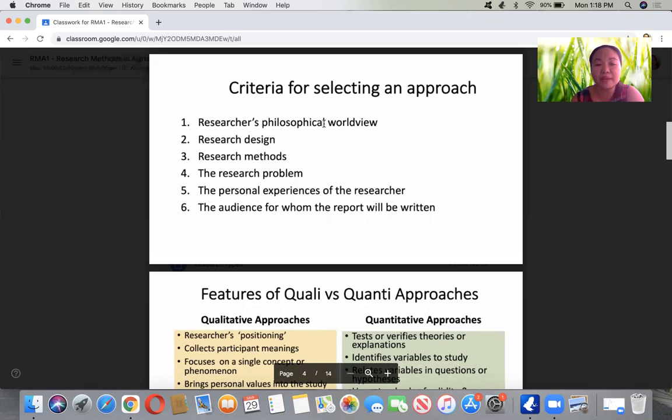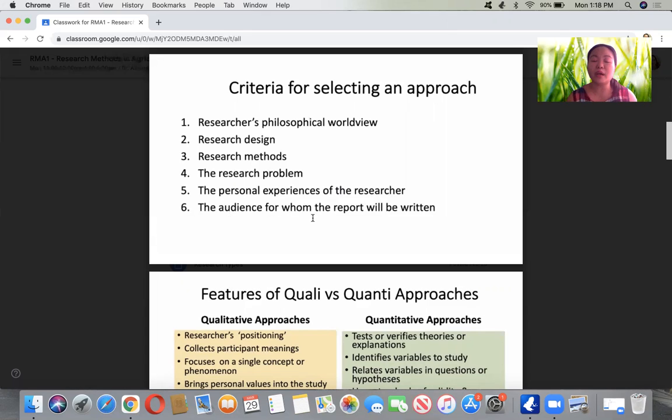First, the researcher's philosophical worldview. Second, the research design. Third, the research method that you're going to use. Fourth, the research problem itself. Fifth, your personal experiences as a researcher. And the last one, the audience for whom the report will be written.